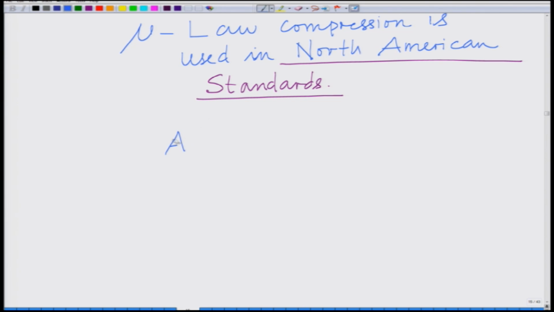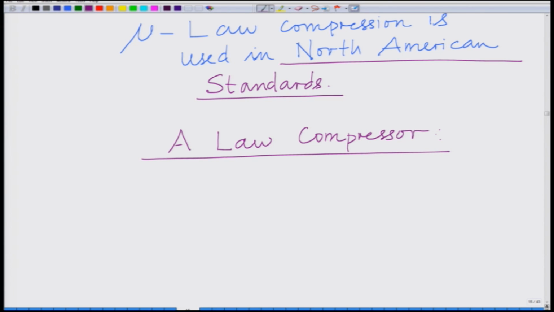This is known as the A law compressor. So, there is a mu law compressor, and we also have an A law compressor.